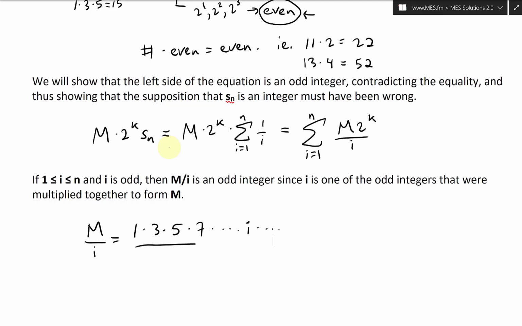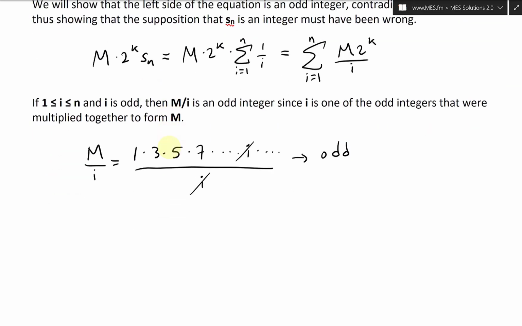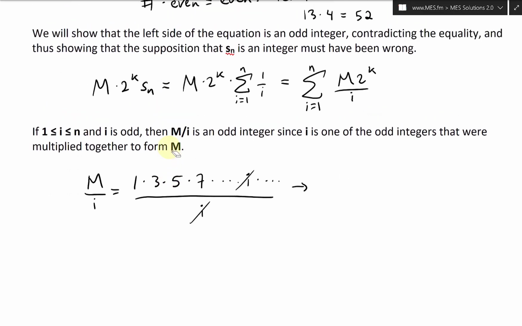So in this case, if i is odd, this is going to cancel, because it's part of that M. And this whole thing is still going to be odd, so it doesn't change anything, it's still odd. Thus nothing changes.